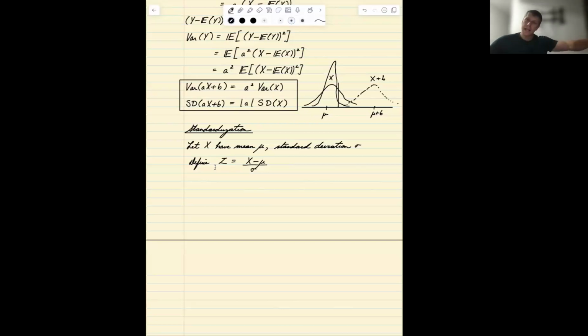So we're subtracting off the mean, we're dividing by the standard deviation.